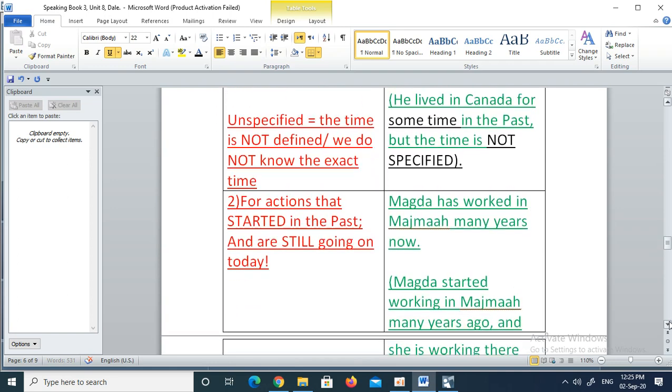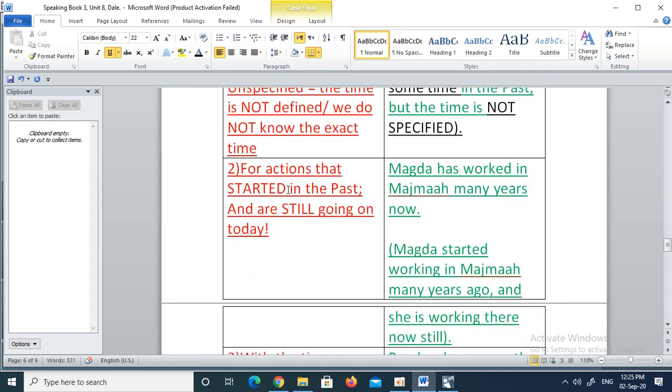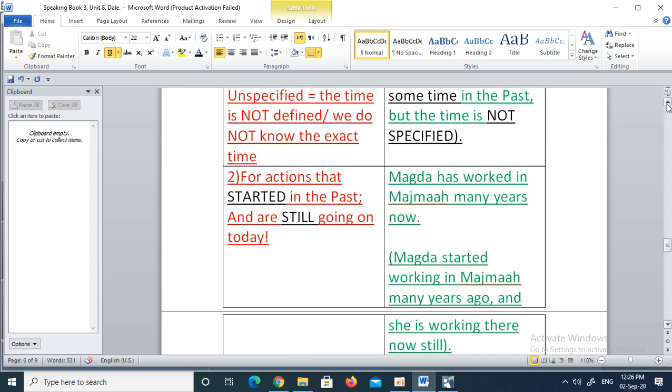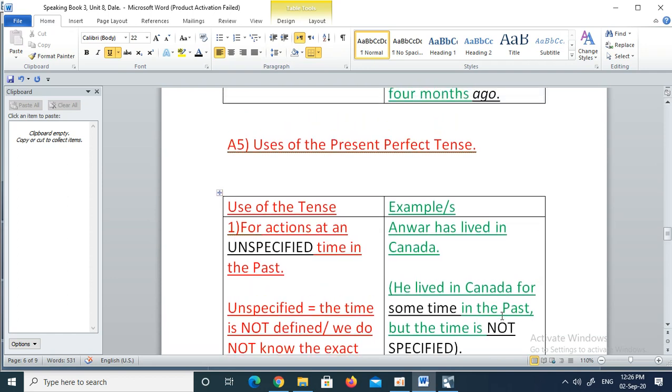We also use the present perfect for actions that started in the past and are still going on today. So if I say Magda has worked in Majma many years now, it's present perfect. It has the word has and the past participle. Just as this has lived is present perfect, has plus the past participle.